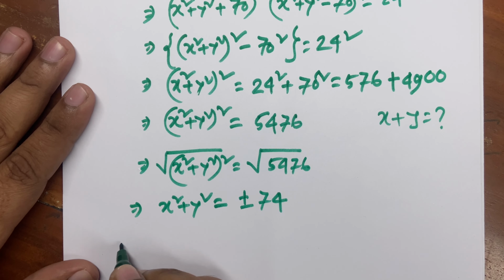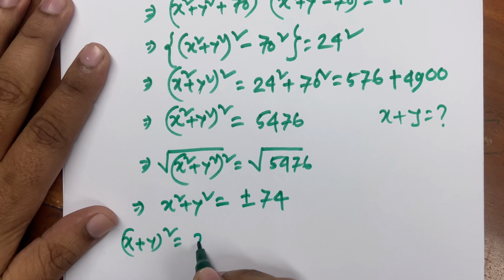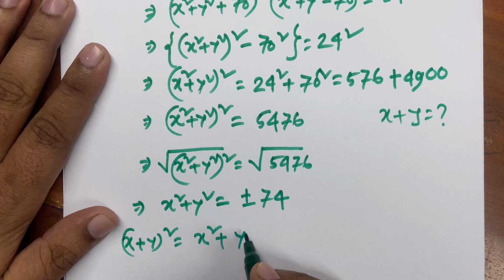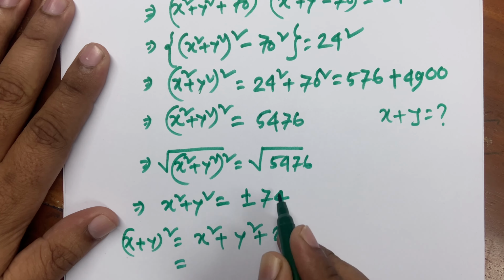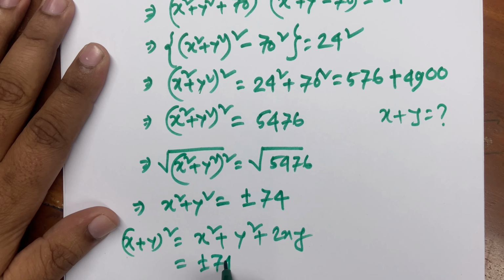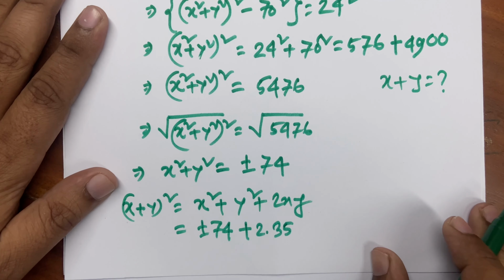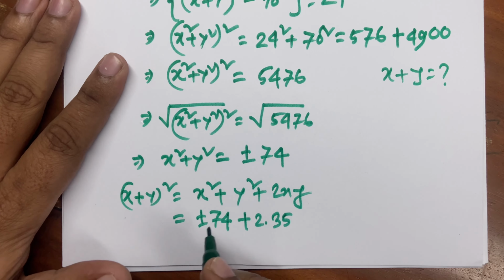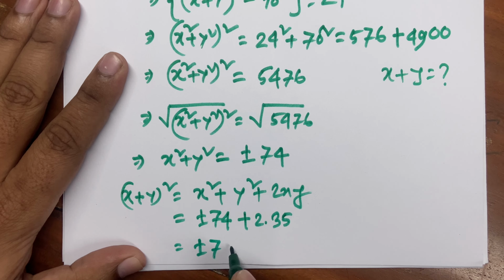We know that (x plus y) whole square equal to x square plus y square plus 2xy. Now x square plus y square equal to plus minus 74 and plus 2 multiply 35. We know that xy is equal to 35. So now I can say plus minus 74 plus 70.